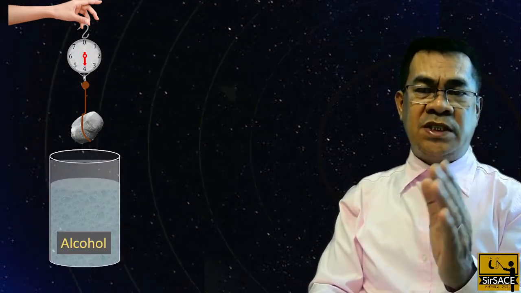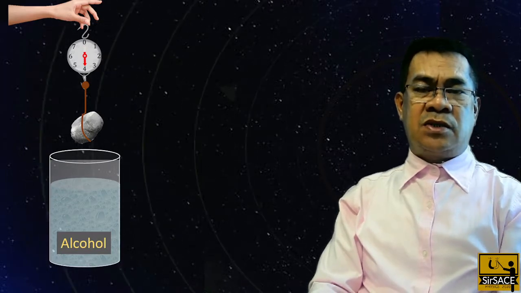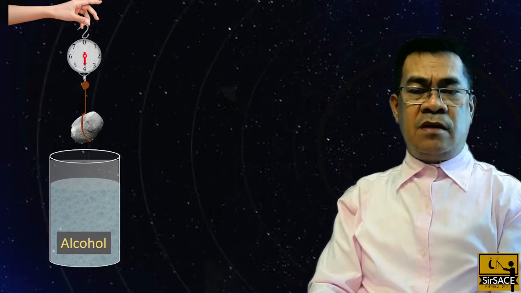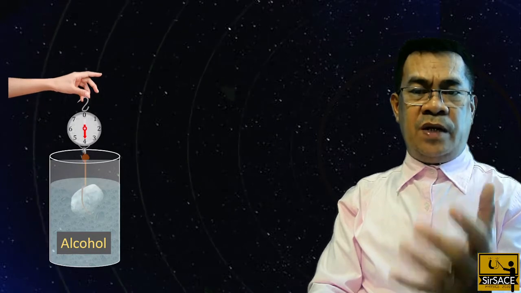But take note, we observe that when we submerge the stone in any liquid, the weight measured from the weighing scale is now different. For example, suppose we submerge the stone in alcohol, then we come up with a reading.